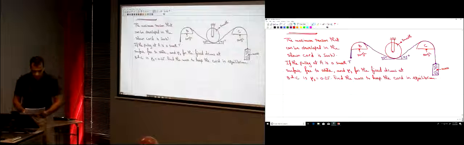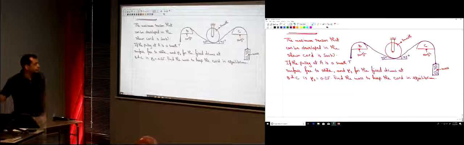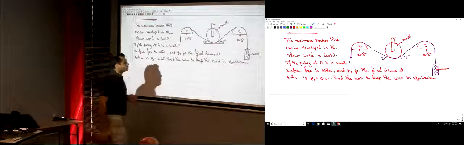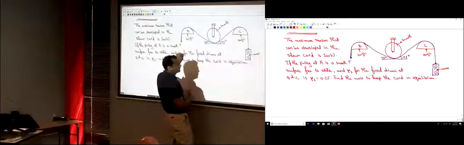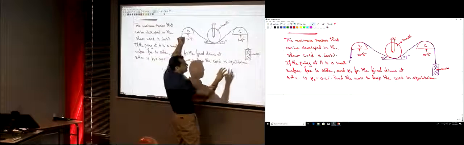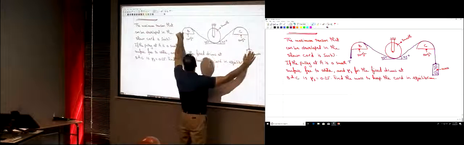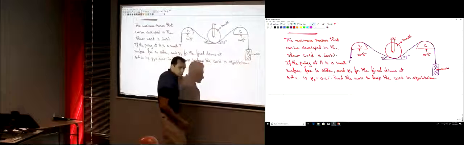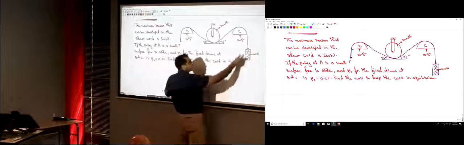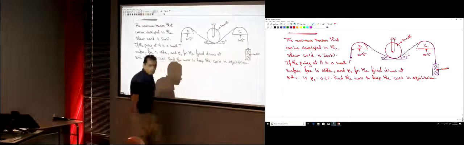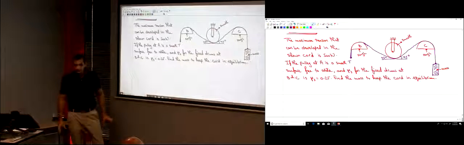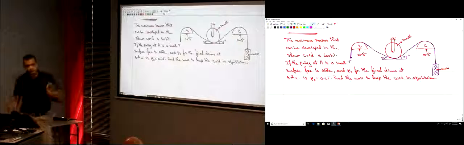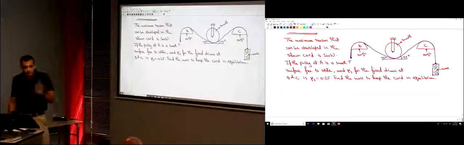Okay? That's what we're looking for. So we are putting this mass here, and we're having a tensile force here. So if this mass becomes small, this tensile force will start moving the chord up, moving this way. Okay. So what's the mass that we require to prevent this motion? Okay. So we're talking here about a frictional problem, on the verge of equilibrium.